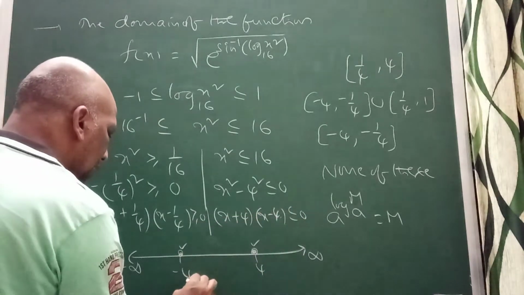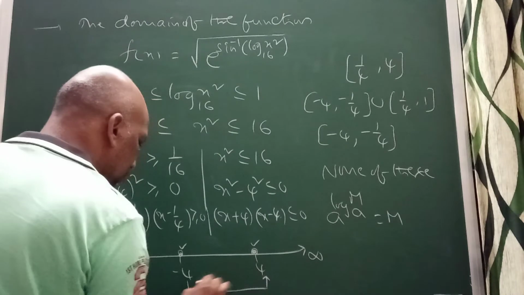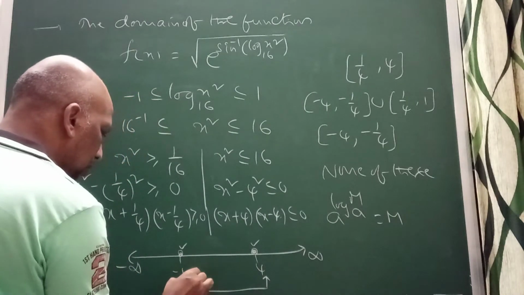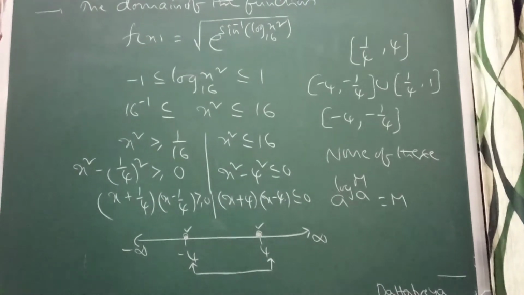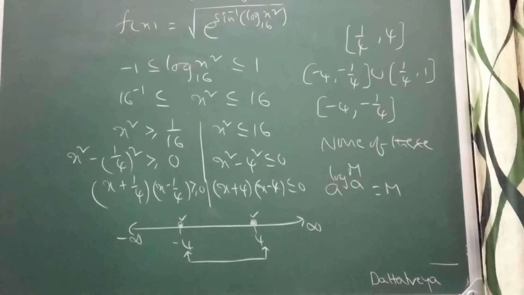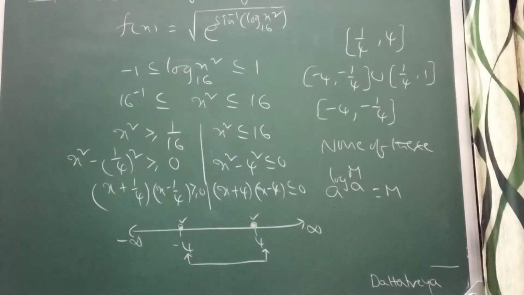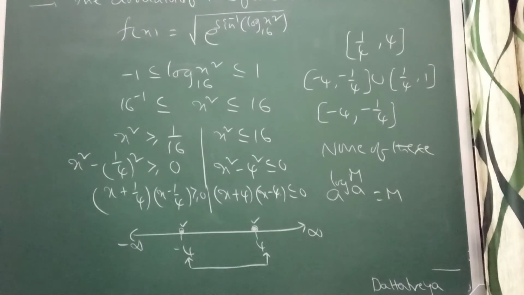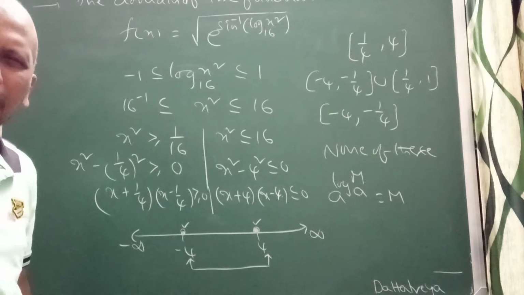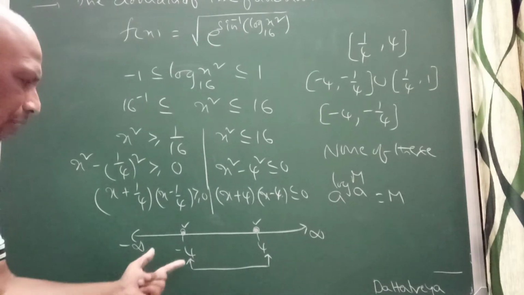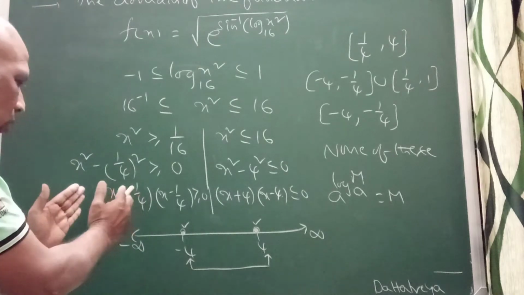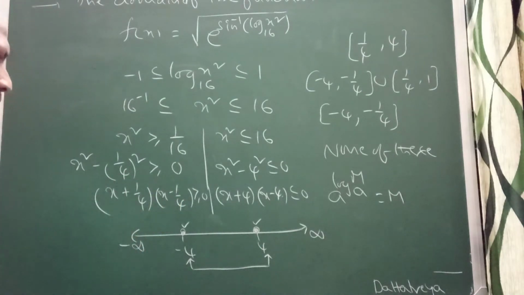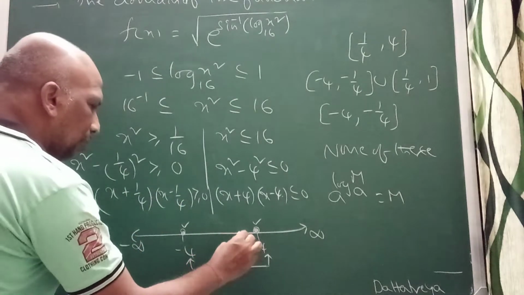Just combine the values and it will come lies between. Now you can check these values, minus 1 by 4 and plus 1 by 4, I can take 1 by 4.